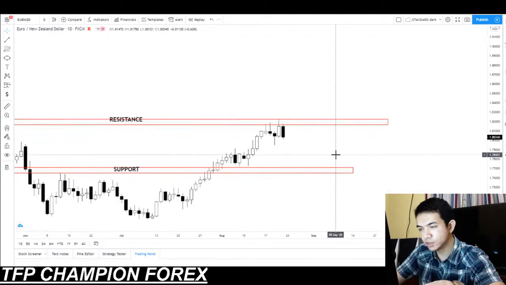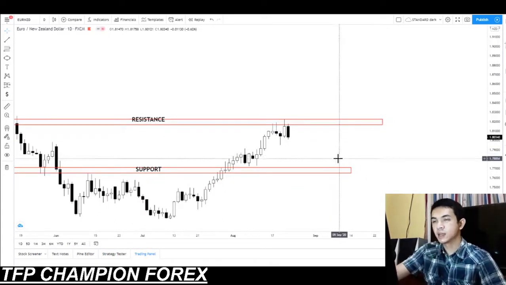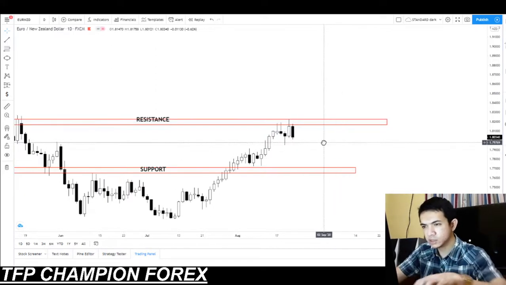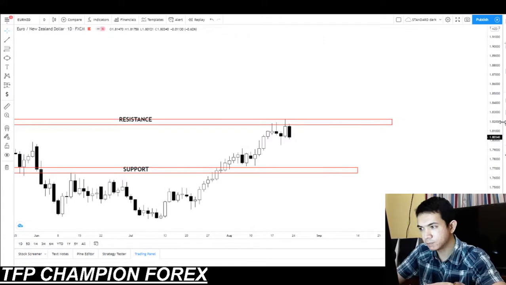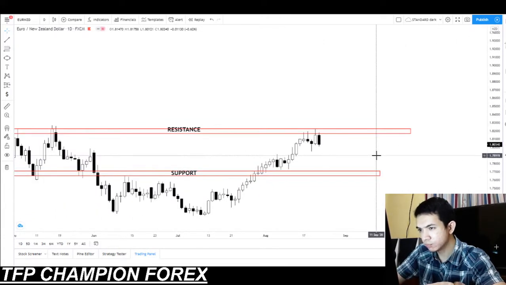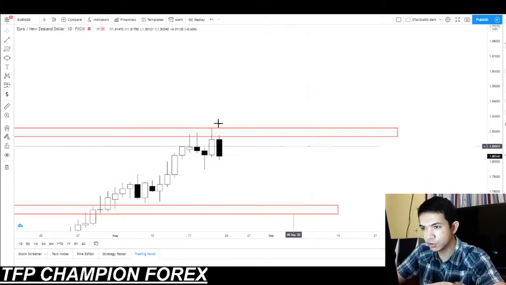So the third question is, is there any candlestick confirmation that I can go down to a lower time frame for my entry? Is there any indication that the market is going down? So we can see here rejections or selling pressure of the price.